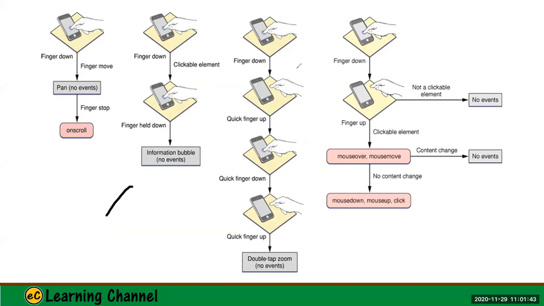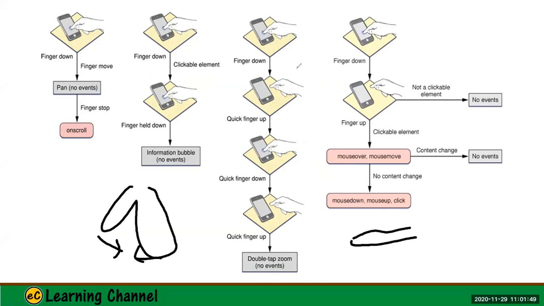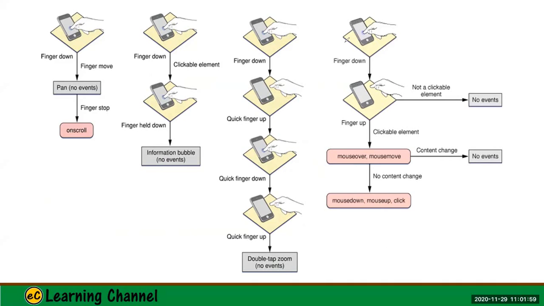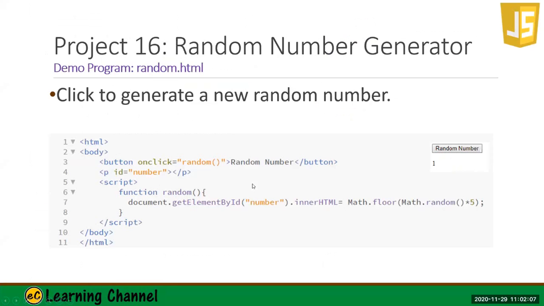Your finger can swipe this way, or just touch and swipe. You can write different functions based on onswipe, onmouseup, ontouchstart. There are different studies, and here we don't go into the detail of it.